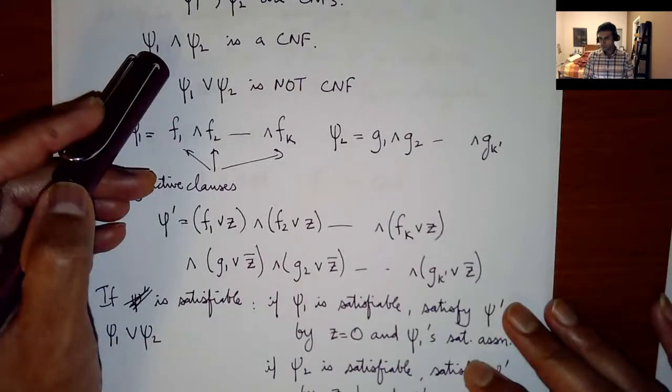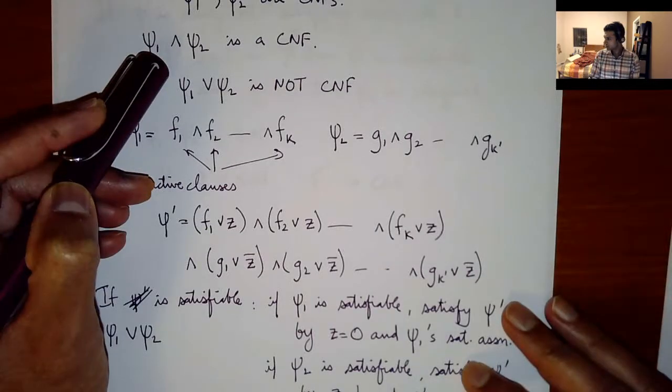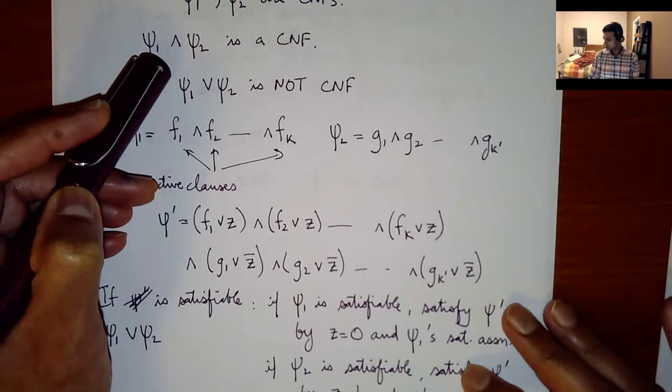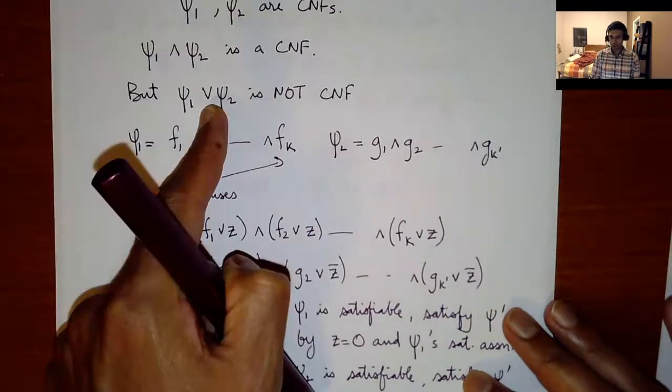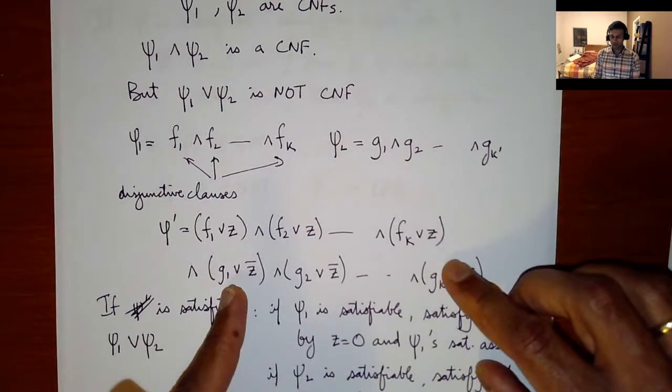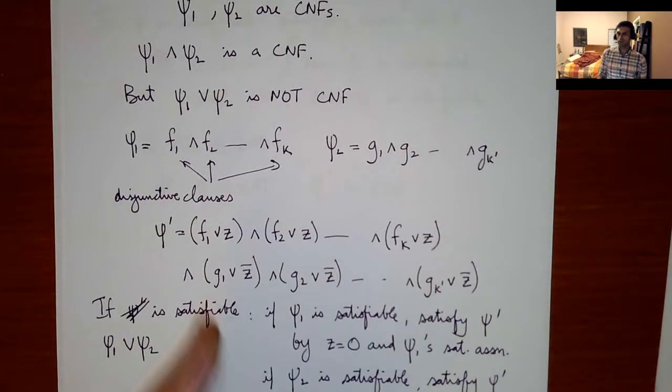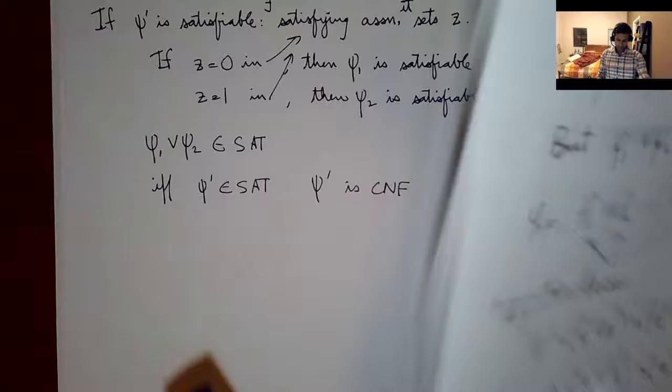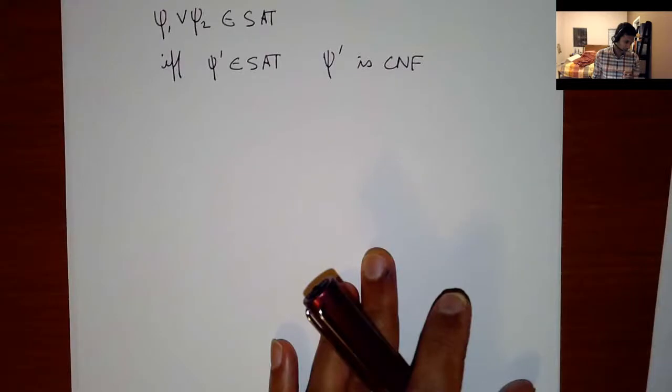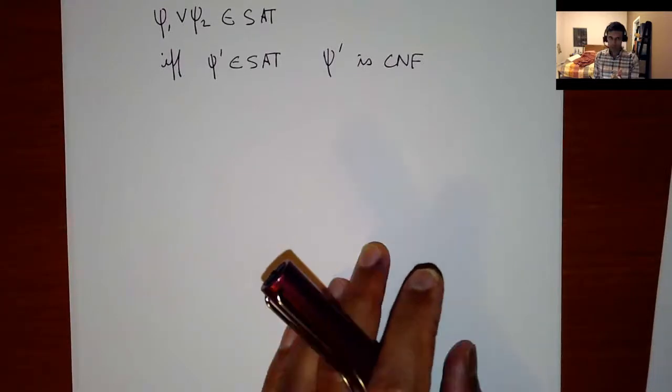So you can replace any OR by an AND with this extra variable. So you have to introduce one extra variable. Okay? So this is of course just doing it for one OR gate.